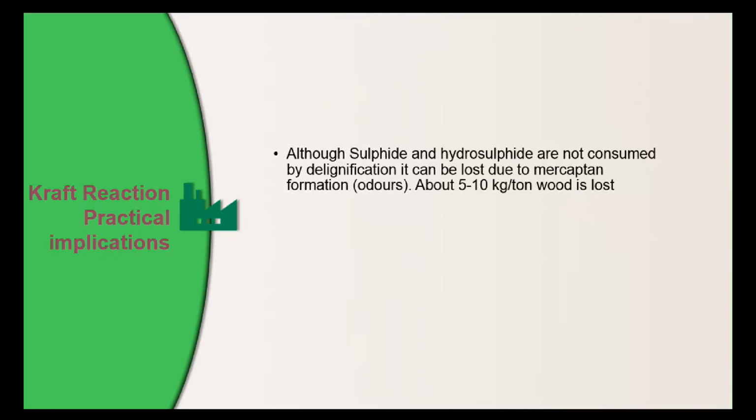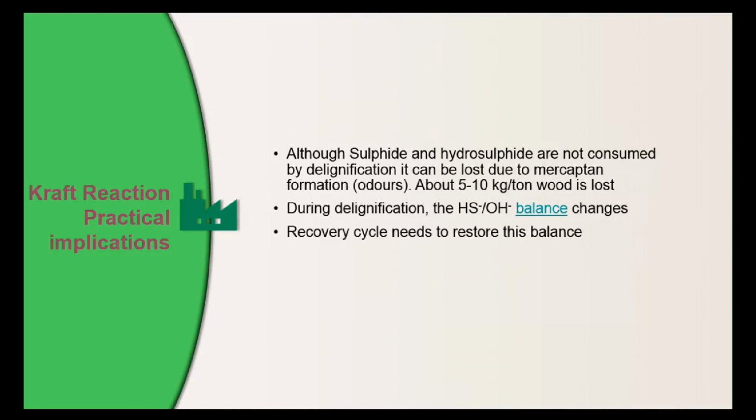First of all, although we say that the sulfides are not consumed, we have to remember that there is a loss of some of the sulfur compounds due to the formation of things like mercaptans, and that this will be removed from the digester, and that results in a change in the balance between the amount of SH- and OH-, and in total about 5 to 10 kilograms of sulfur components is lost per ton of wood that is cooked.